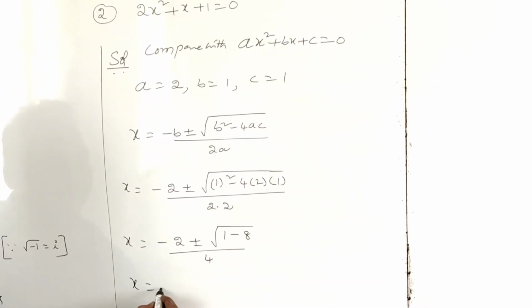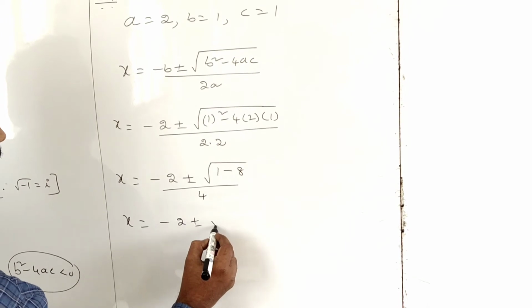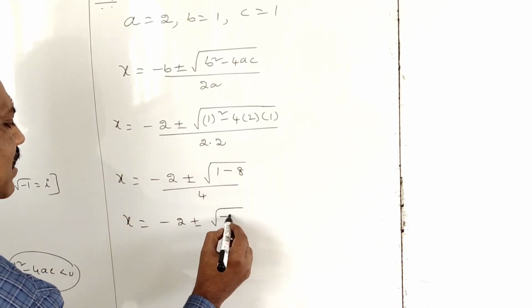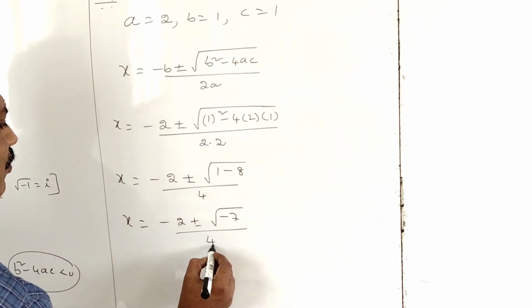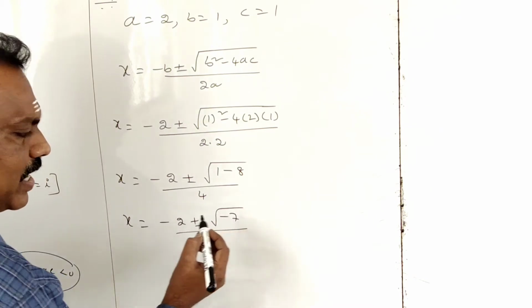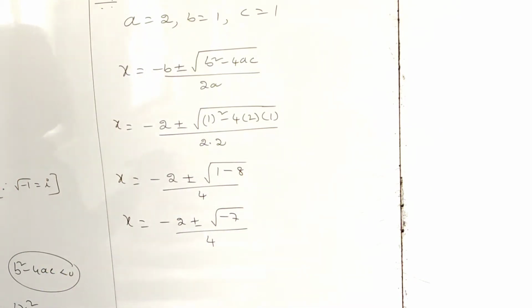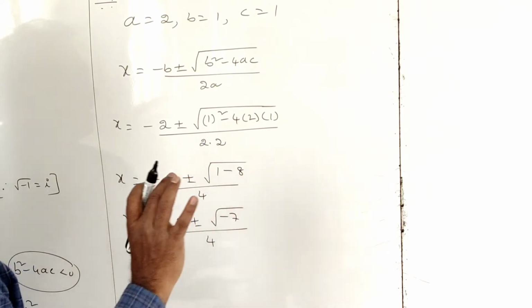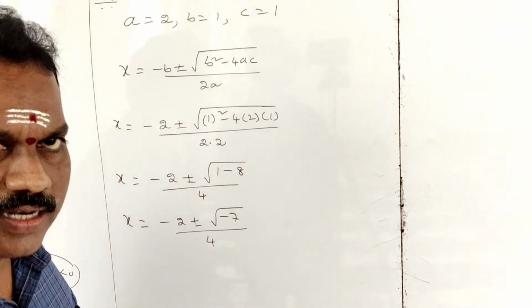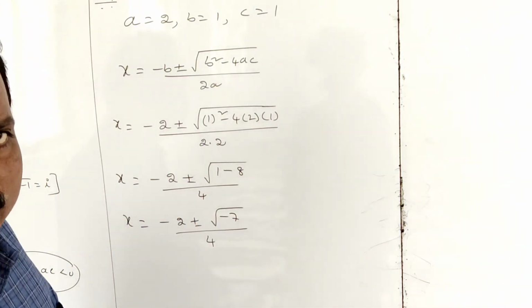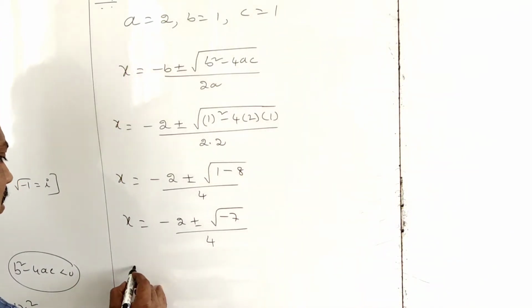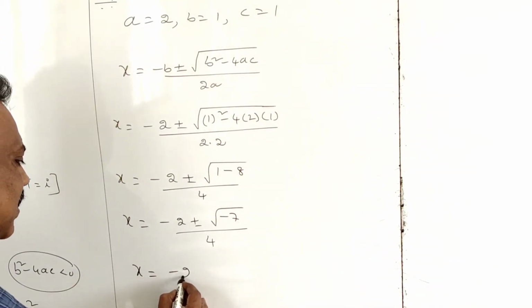Now x is equal to minus 1 plus or minus under root 1 minus 8, which is minus 7, by 4. Again we have a root under a negative real number. That's why this solution does not exist in real numbers, but it exists in complex numbers. That's why you are going to write the roots as complex numbers.